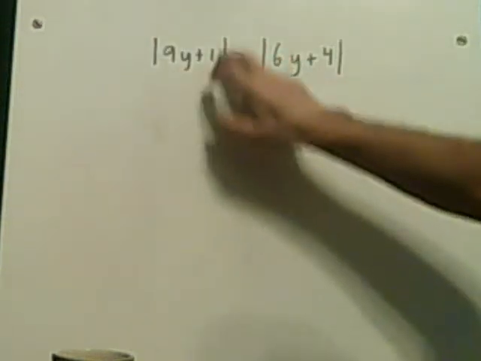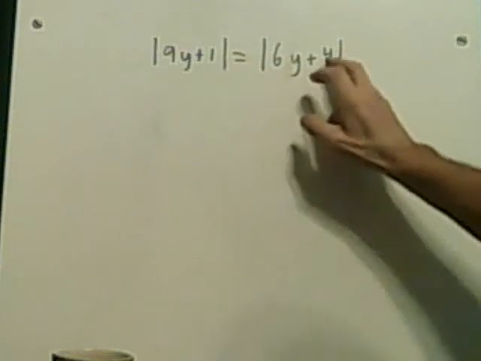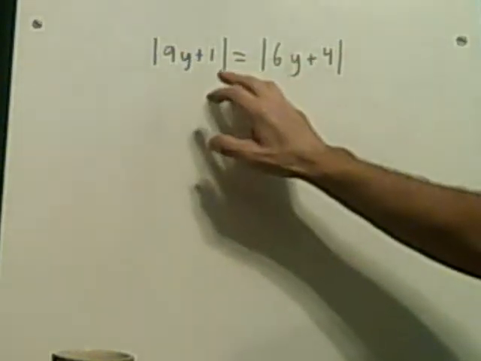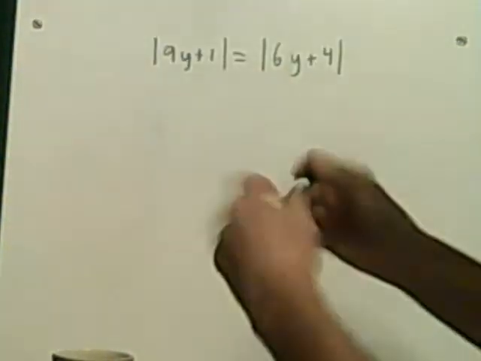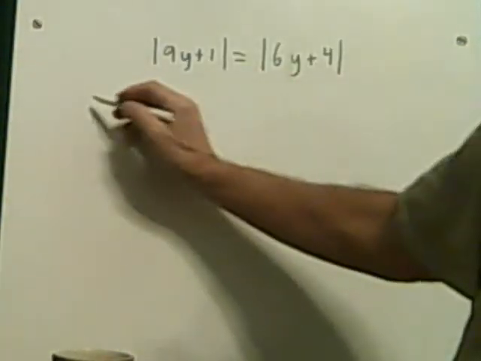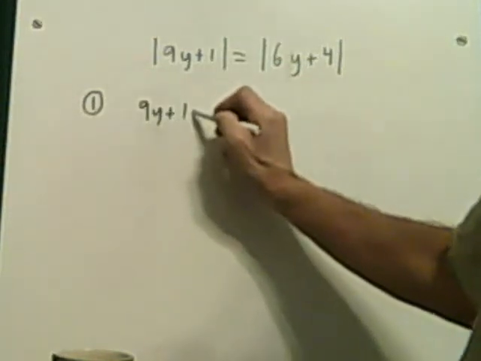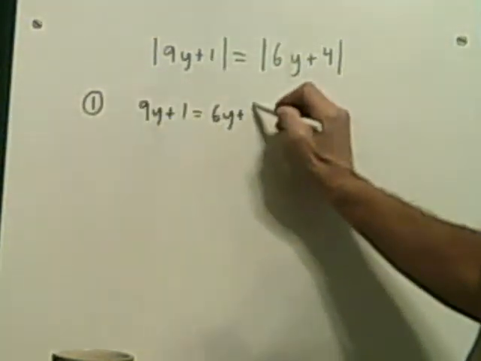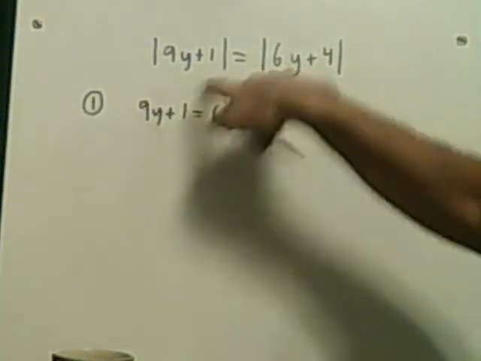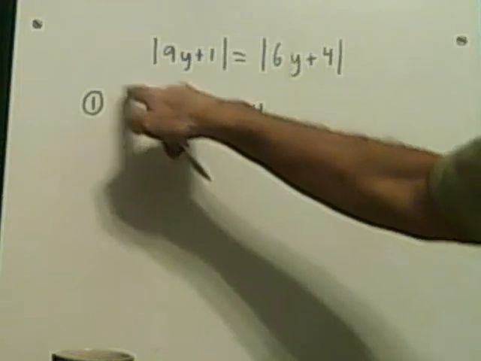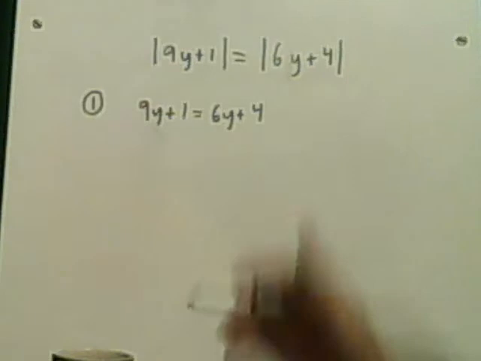If what's inside here is a negative number, and what's over here is a negative number, and they're equal to each other, then the absolute value is just going to take away both of those negatives, and you'll get a solution. So one solution to this is that if 9y plus 1 is equal to 6y plus 4, any solution to this equation will satisfy this, because whether this be positive on both sides or negative on both sides, it'll be a solution.